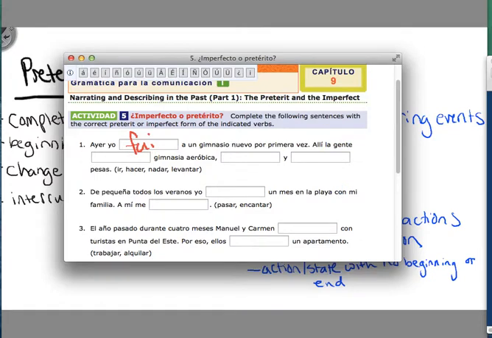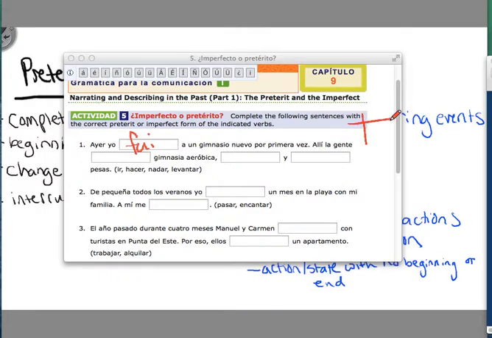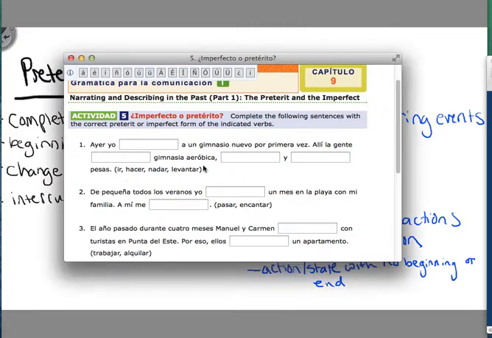So we're going to be using the la usted form here to talk about the people. And we're talking about simultaneous actions here. They did aerobic gymnastics, they swam, and they lifted weights. What do we do for habitual or for simultaneous actions? Imperfect.